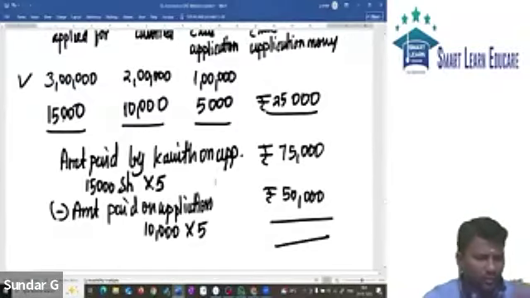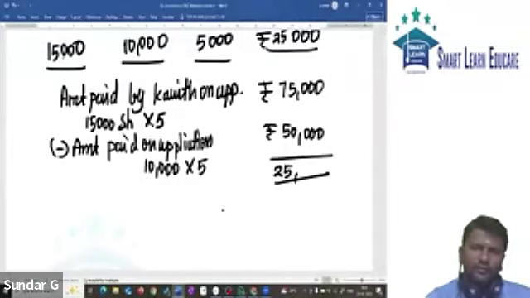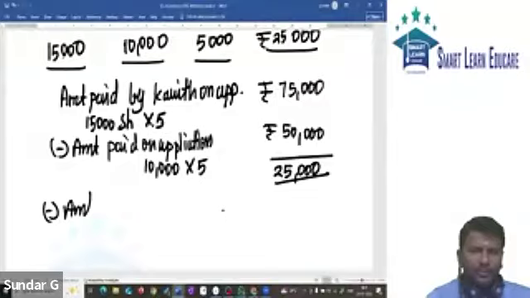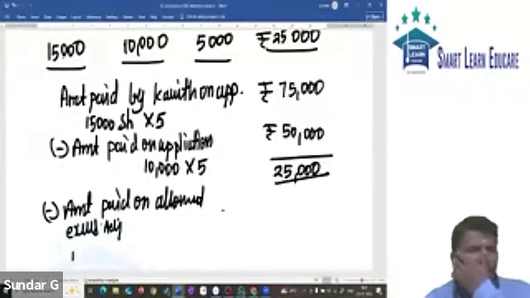Excess application is 25,000. Excess amount is 25,000 less amount to be paid. Amount paid on what? On allotment. Adjusted on allotted. Excess application money, the excess amount, is adjusted towards allotment. What is the allotment order due?